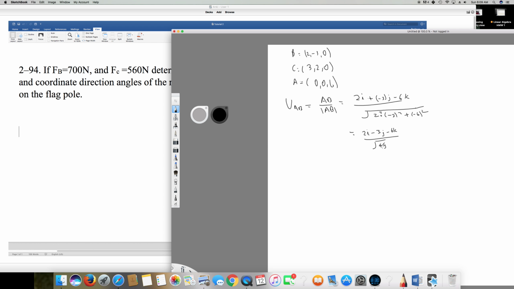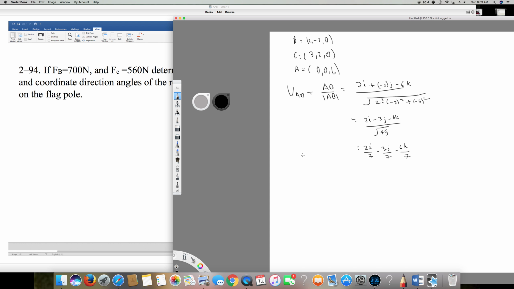The square root of 49 is equal to 7, so I can divide each of them by 7: 2i over 7 minus 3j over 7 minus 6k over 7. So this is my UAB. Now I can calculate the force.